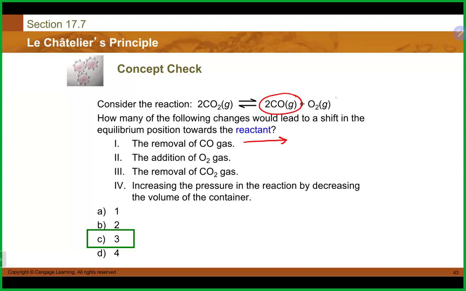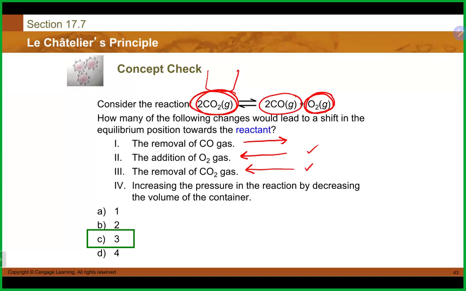If we add O2, O2 is over here on our product side. If we add it, we'll have more products than reactants, that will cause it to shift away, so that will do one of them. If we remove CO2, that is removing a reactant, creating like a hole over here, and it will shift towards that hole to fill it, so that will also do it.